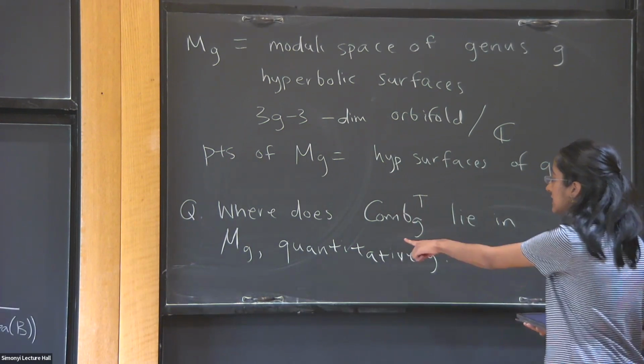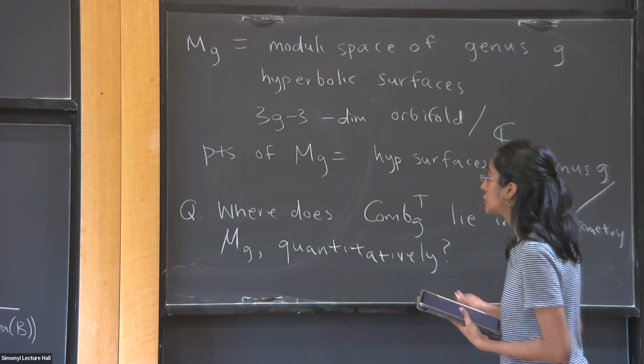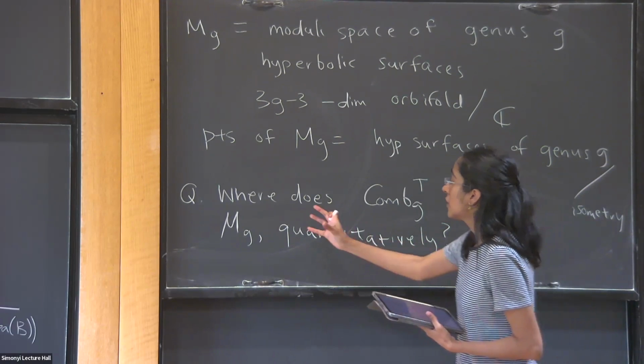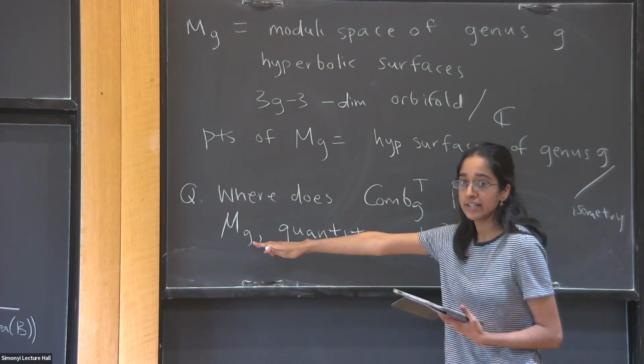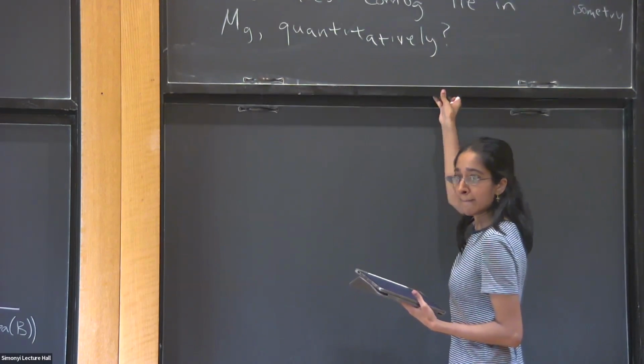But to make sense of this question, I have to define what this means. So I have to define a metric on moduli space. Then I want to say within a ball of that metric, how many of these surfaces lie in that ball. So let me put a metric on moduli space.